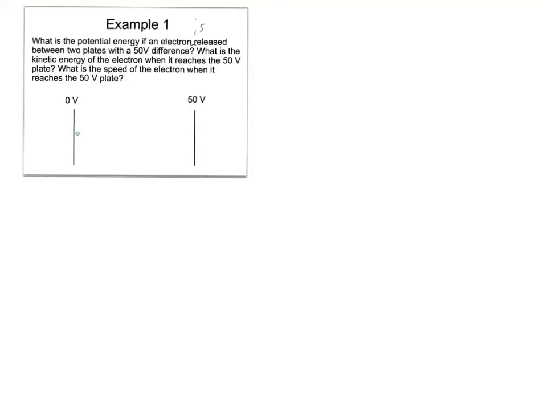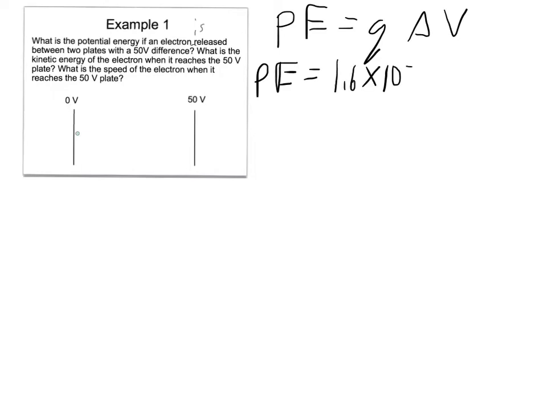So I will call upon the formula for electric potential energy, PE equals Q delta V. This is an electron, so its charge is 1.6 times 10 to the negative 19th coulombs. The change in potential, from 0 to 50, is 50 volts.